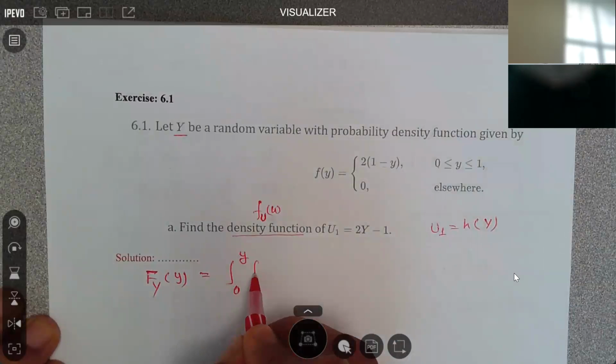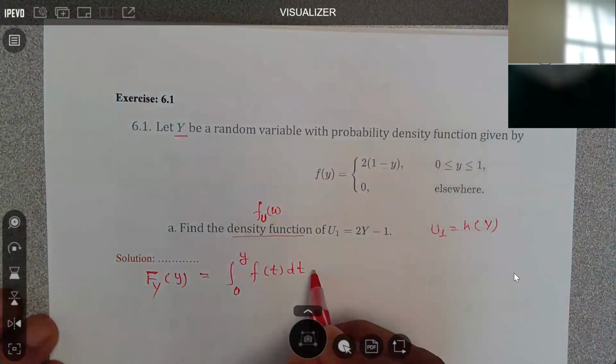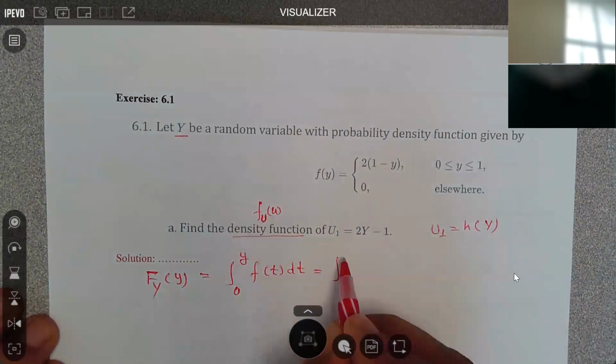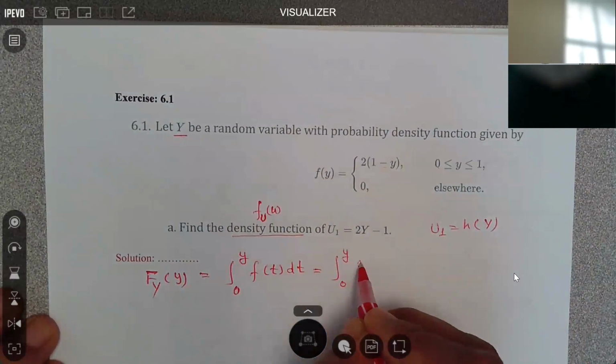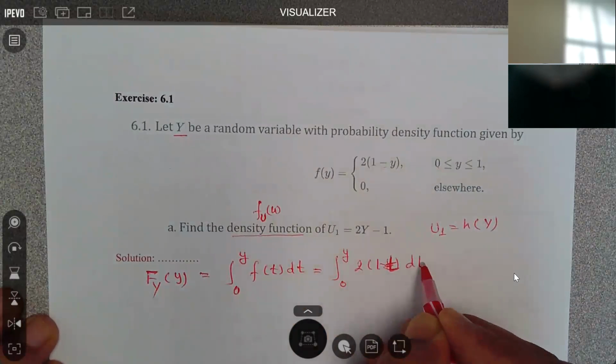So let me put f(t) dt. So this is equal to the integral from 0 to y of 2(1 minus t) dt.